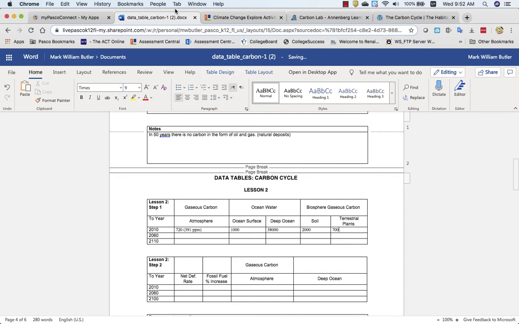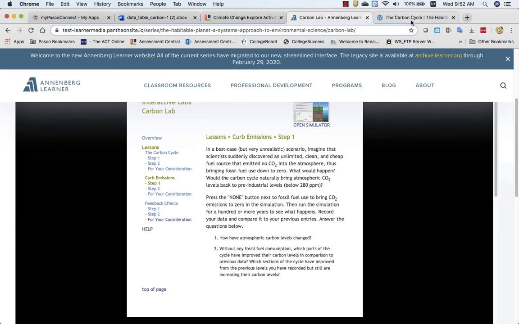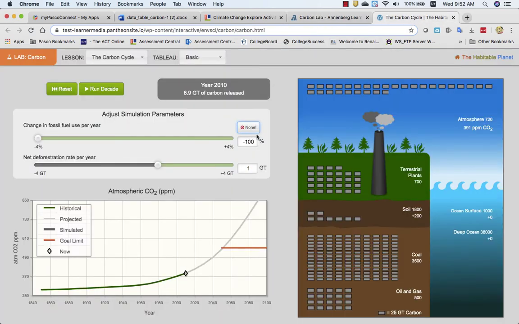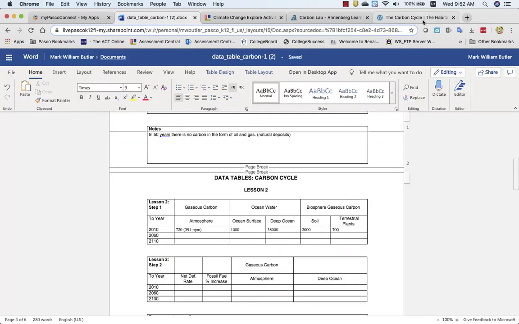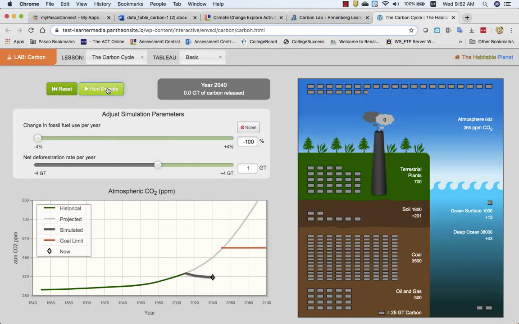And then we're going to run it for 2060 and do the same thing. Here's our simulator. Now, though, we don't have any fossil fuel carbon dioxide production. So 2060, I believe, right? Yep, 2060. Check out the graph down here, guys. Look what's happening. So this was the historical. If we stayed on our current path, and we noticed that from the last simulation that we did, we stayed right on this path.